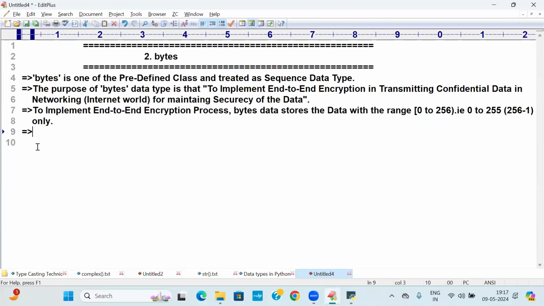Even in a chat application, on the client side, when I am sending, I encode using bytes. When receiving, I decode. When the server sends a reply, it encodes again, and when the client receives, it decodes. Encoding and decoding are done on both sides. So this encoding and decoding mechanism internally contains the bytes data type.